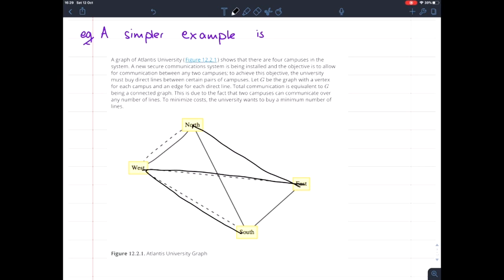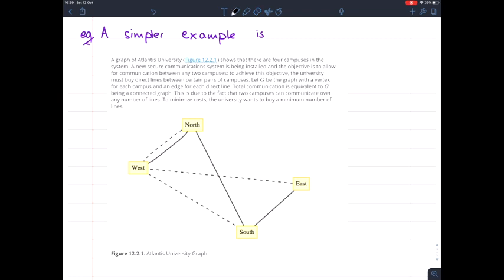However, costs tend to be a major factor in building things like networks. So it's worth spending some time thinking about, could you get the same effect, but with fewer lines, with fewer edges? And of course the answer is yes, assuming that your connections can work through more than one campus.